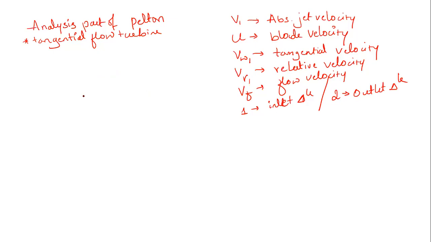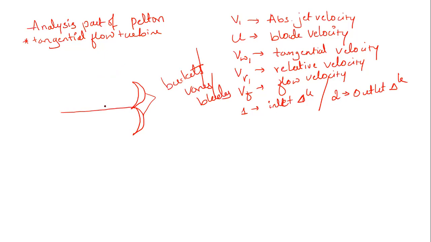Okay, so let us say this is the splitter, which I'm drawing again because I needed the space. These are the buckets, or the vanes, or the blades of the Pelton wheel, and the jet will come and hit this splitter.